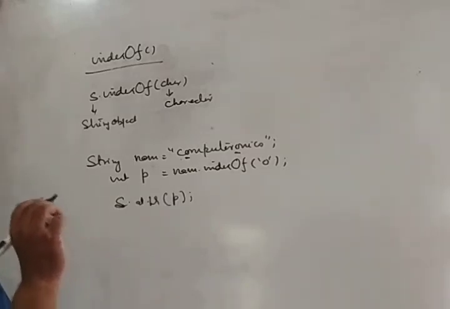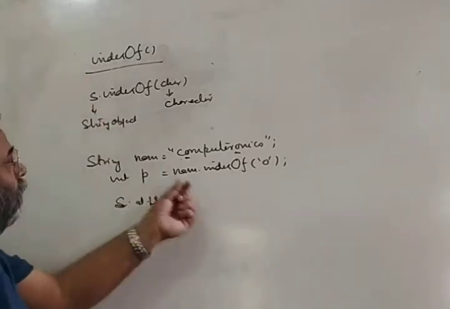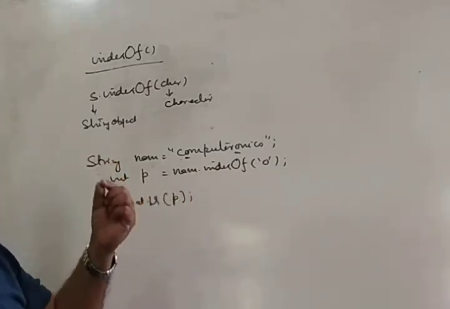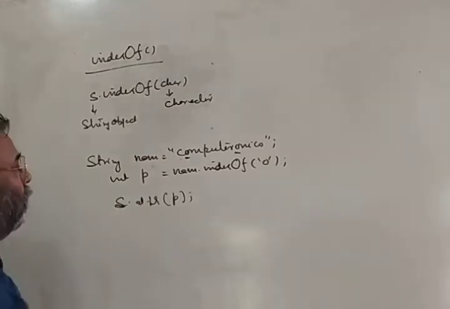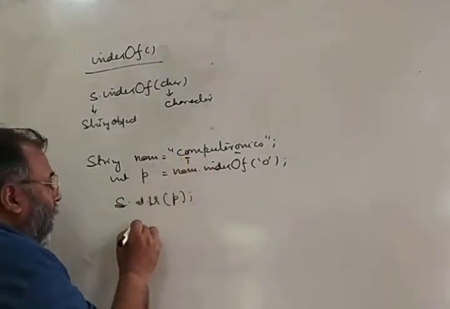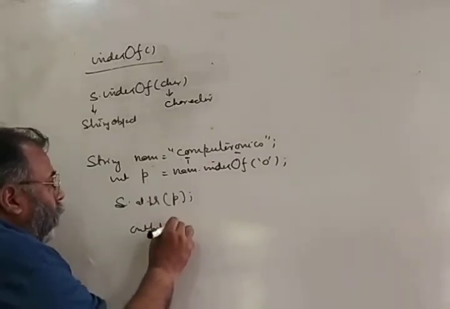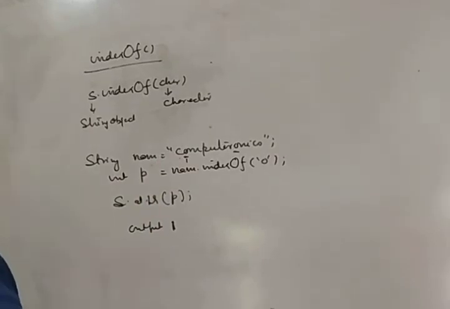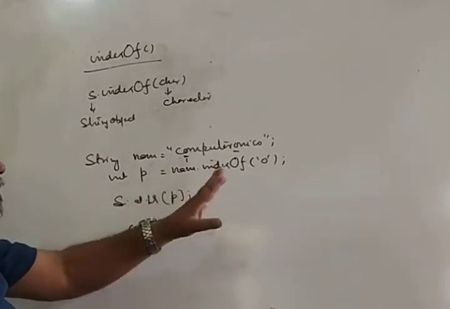When the character occurs for the first time, indexOf is going to return the position of the character's first occurrence. So counting 0, 1, this is the first position, so the output will be 1. If the character is found at more than one position, it doesn't matter.